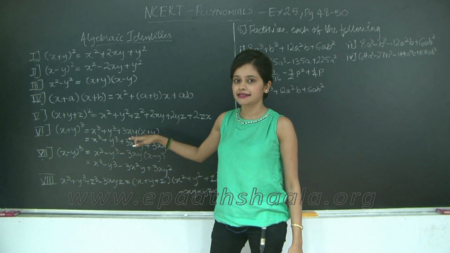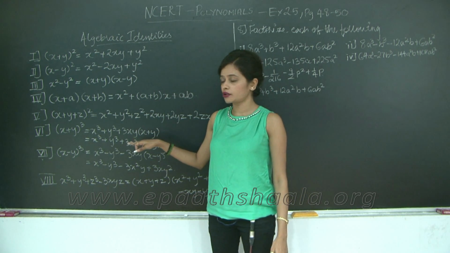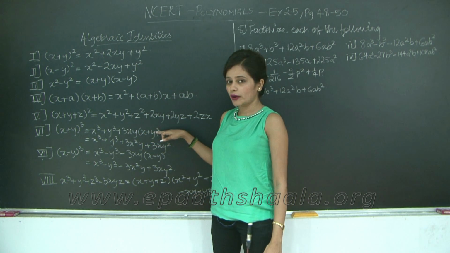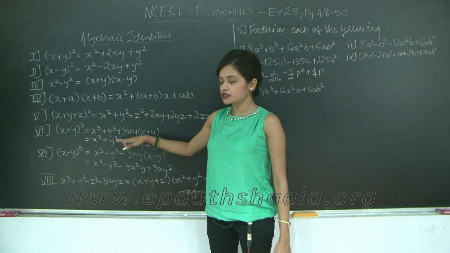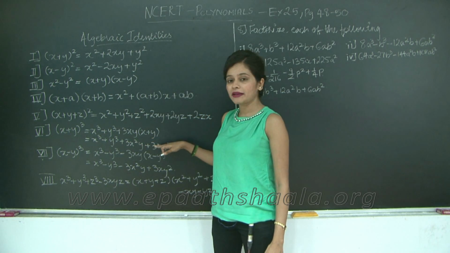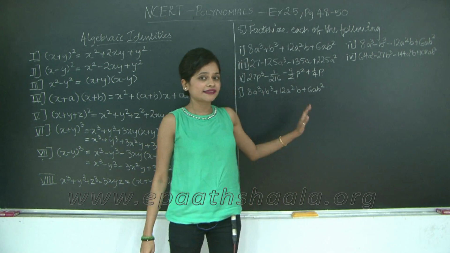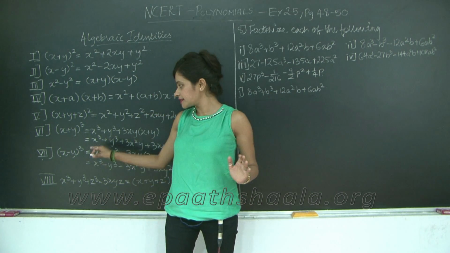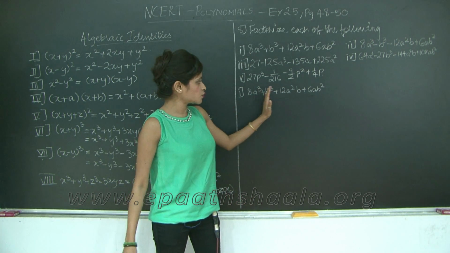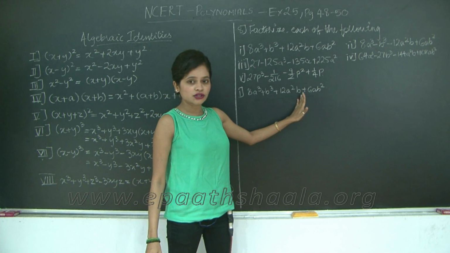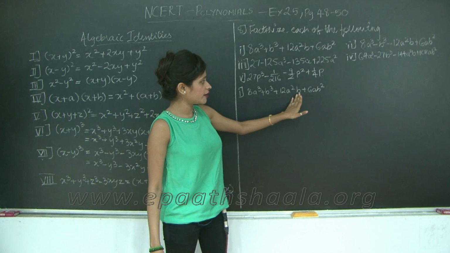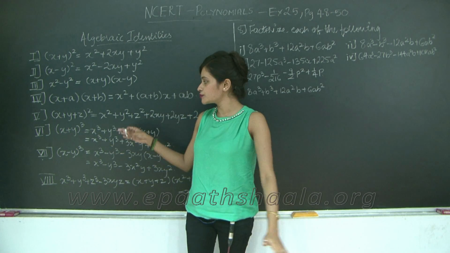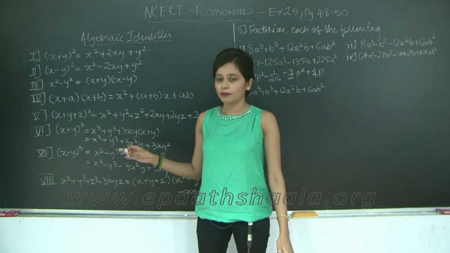That is our sixth identity, which says x cube plus y cube plus 3xy into x plus y, or x cube plus y cube plus 3x square y plus 3xy square, right? Now this is similar to our identity number 6, right, where you have the first two terms as cubes and the second two terms we have as a square b and ab square. So we are going to use our sixth identity to solve this problem.